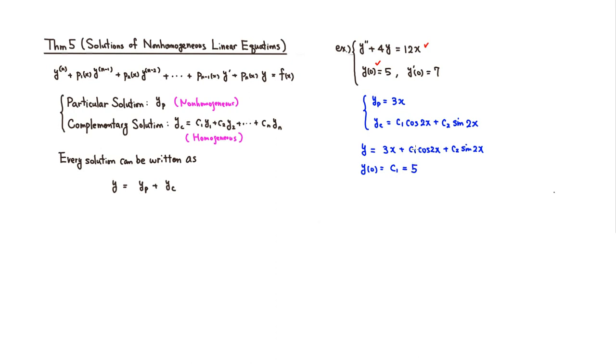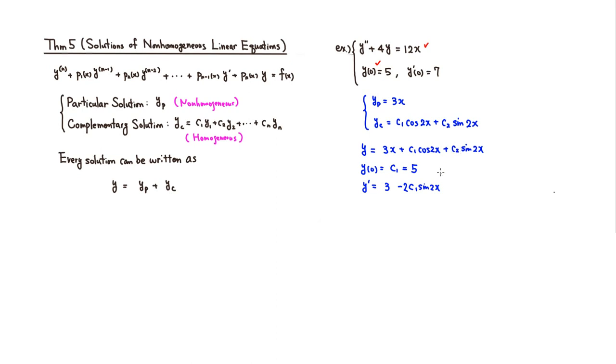If you want to find c2, we'll probably have to take the derivative. So I take the derivative of y. I'm going to get 3 from here, and the derivative of c1 cosine is negative 2 c1 sine of 2x.